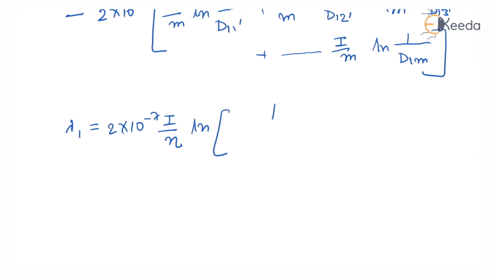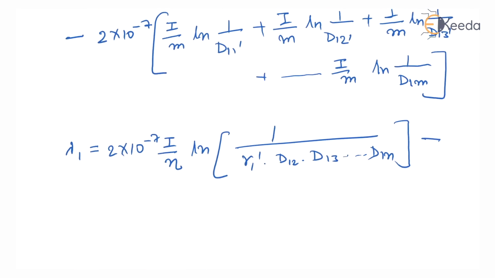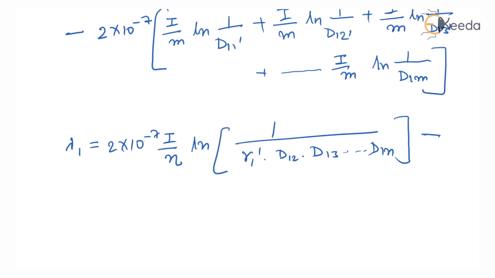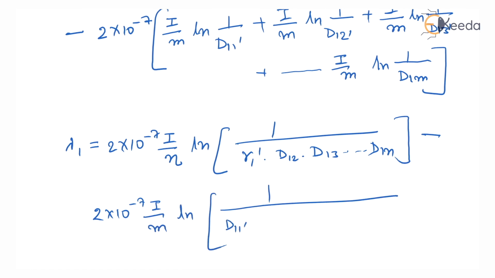So 1 upon r1 dash d12 d13 up to d1n. Similarly for the next mutual term, this is 2 into 10 to the power minus 7 I by m ln 1 upon d11 dash, d12 dash, d13 dash up to d1m.